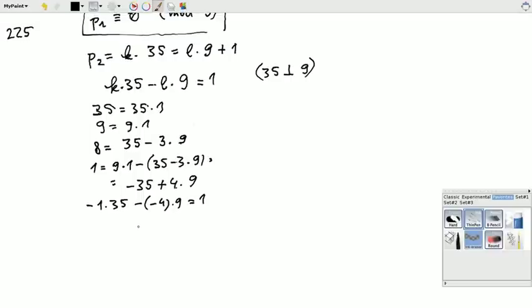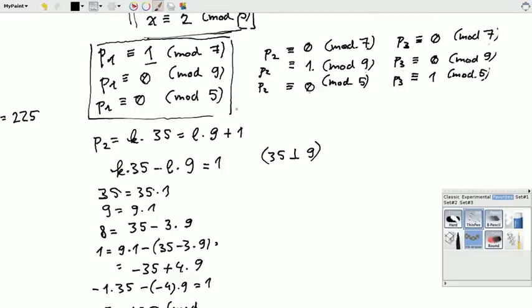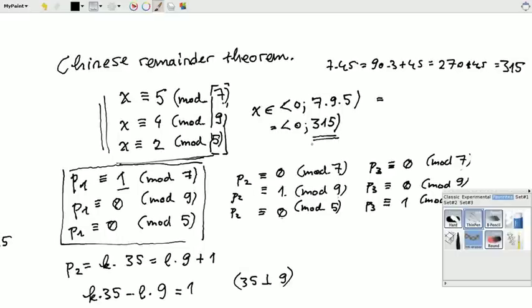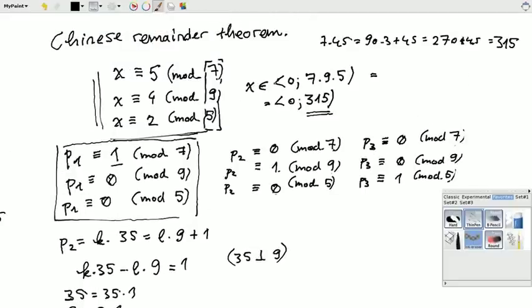Okay, so P2 is congruent with minus 1 times 35 modulo the magic number 315, which happens to be 7 times 9 times 5.